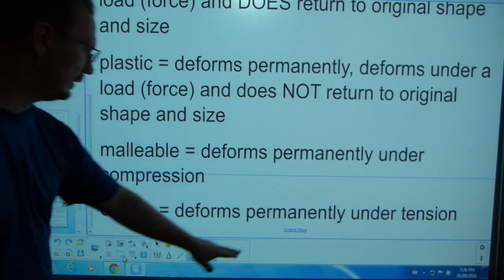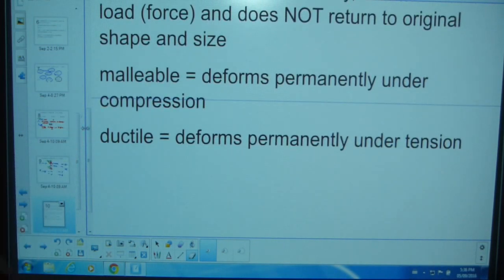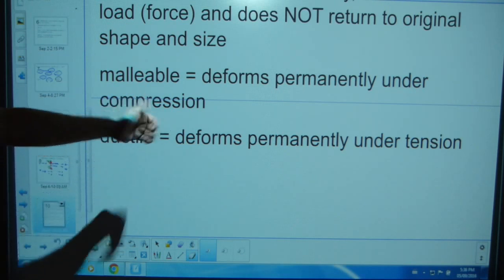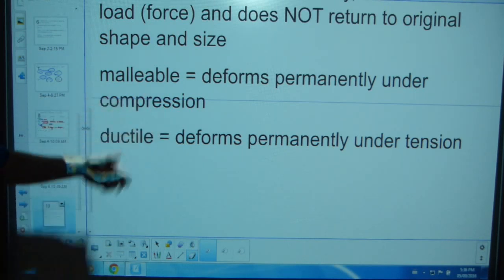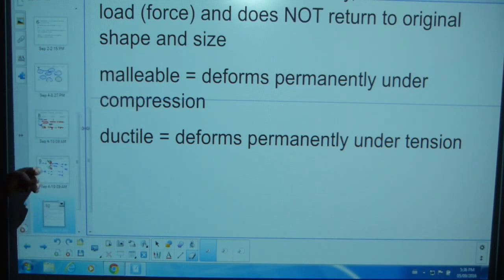Malleable means that the material deforms permanently in compression, and ductile means that the material deforms permanently under tension. And eventually, when enough deformation is done, it all goes to failure. Both of these cases can go to failure. So those are the definitions.